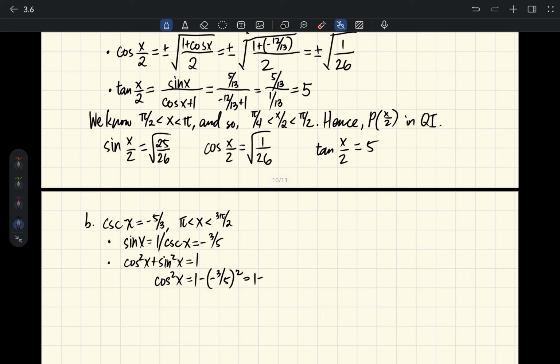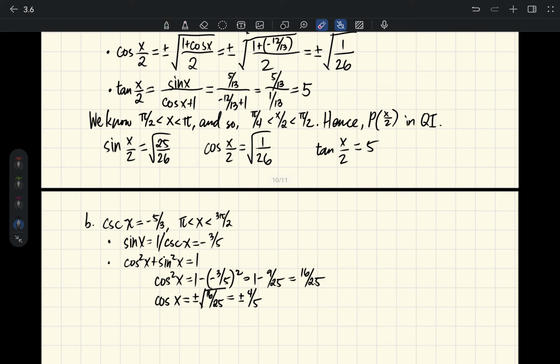So you have 9 over 25, which upon simple arithmetic is just 16 over 25. Then finally, obtaining the square root of both sides, we have cosine x equals plus minus square root of 16 over 25, which is, by distributing the square root in the numerator and the denominator, plus minus 4 over 5.